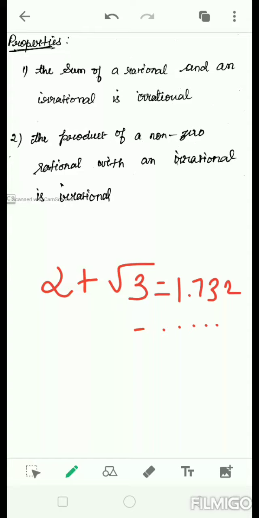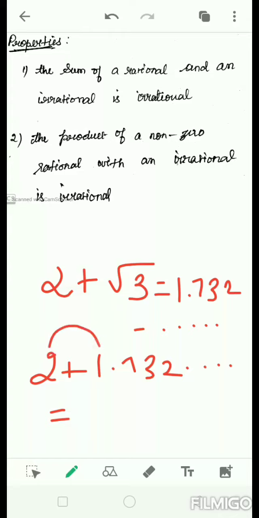Instead of root 3, I am just substituting 1.732, so I am adding 2 plus 1.732 etc. What is the answer? We are adding only the integral part, not the decimal part, because 2 is a whole number, so it can be considered as 2.0.